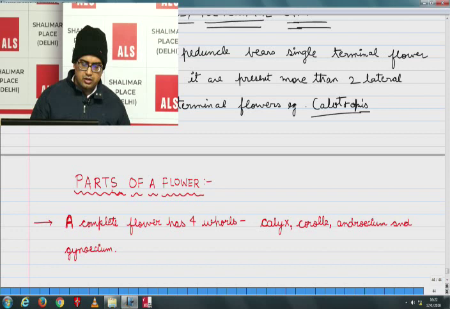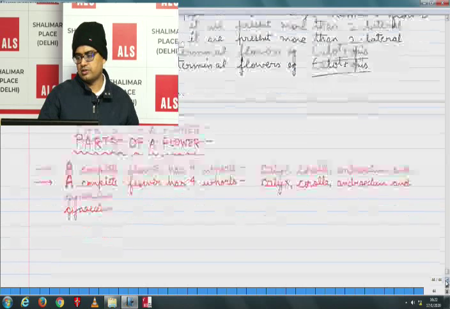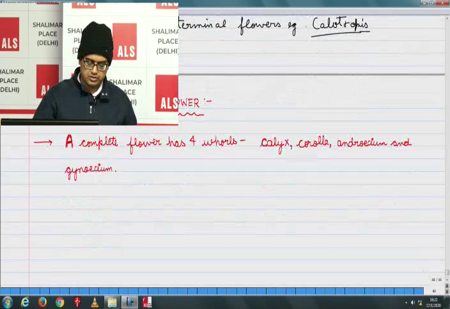Okay. Now, normally calyx out of these is green in color. We'll describe all these whorls. We'll describe calyx, corolla, androecium, and gynoecium.